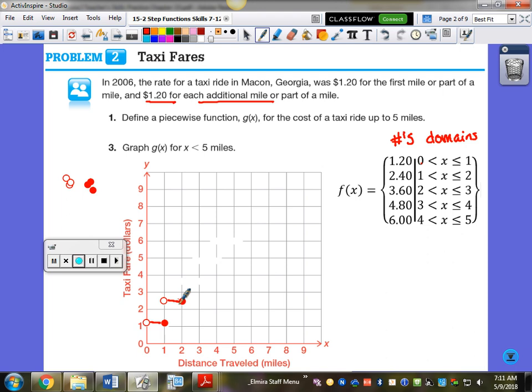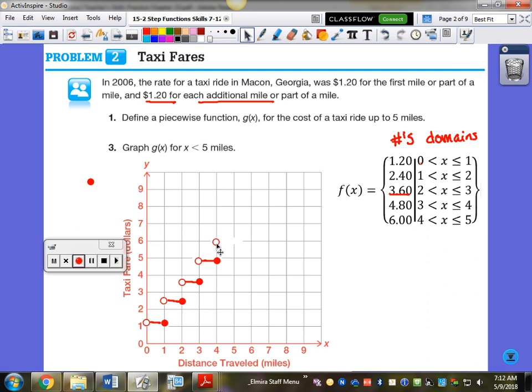Once you are going over 2, again, we're just adding on $1.20 more, so that's why we're at $3.60 now. We're at $3.60 for 2 up to 3 miles. And then we just keep going. $4.80 for 3 to 4.